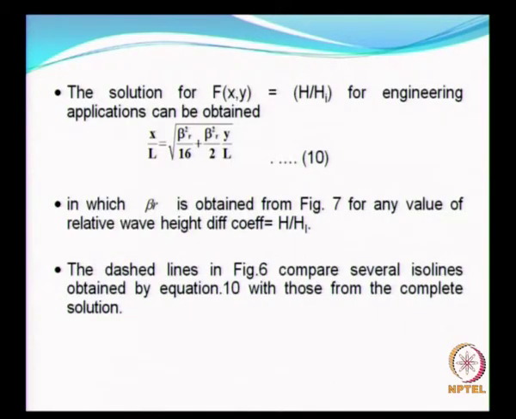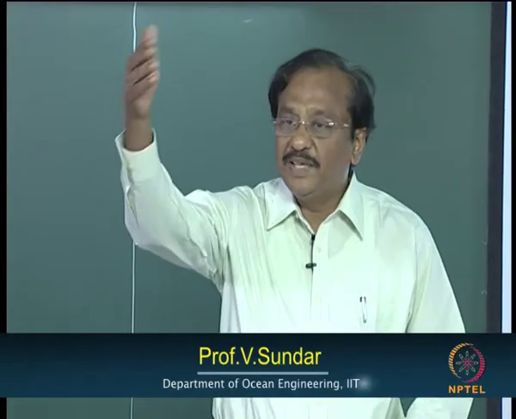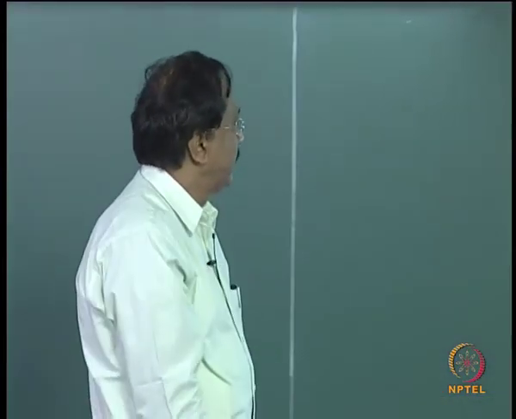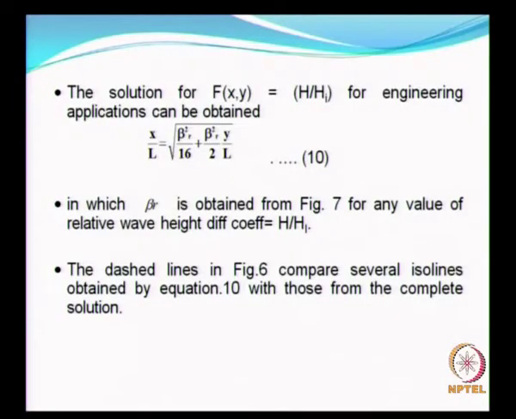The solution to f of x y, which is directly the ratio between the wave height inside the sheltered area and the incident wave height, can be obtained as given here. x by L, where x and y are the spatial coordinates, and beta r can be obtained from the next figure, figure 7 in the next slide.